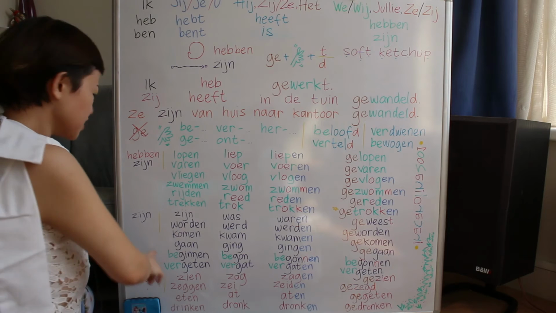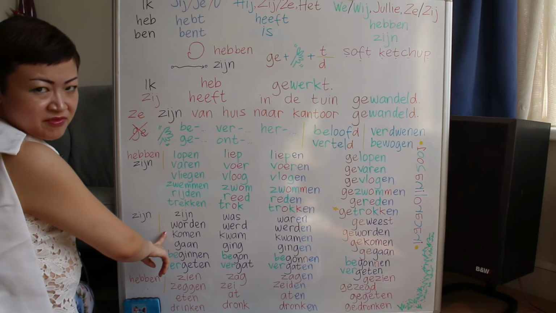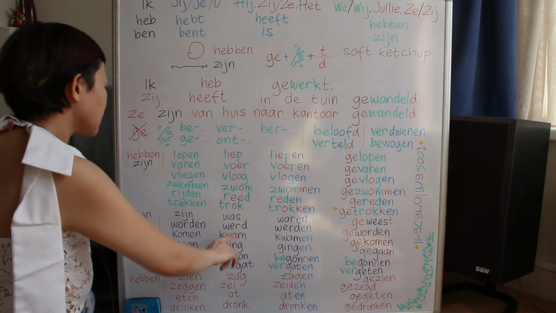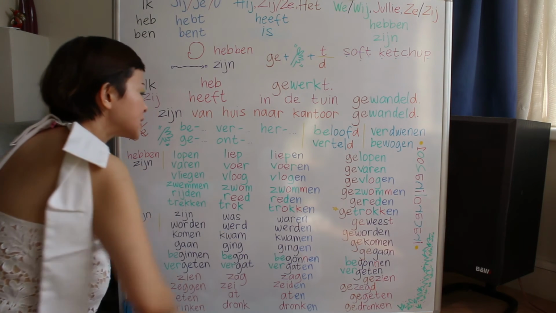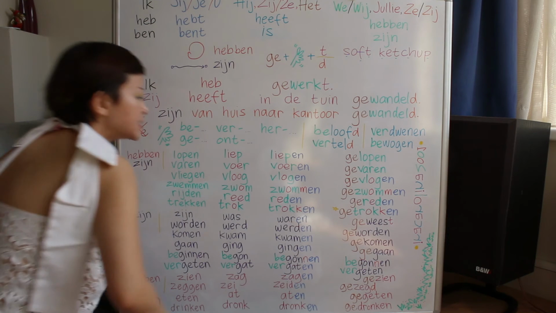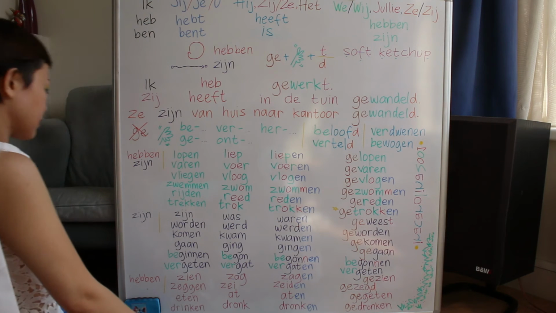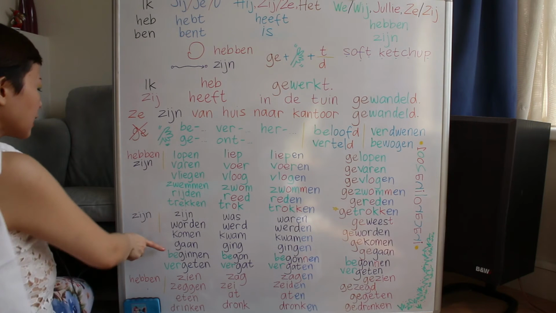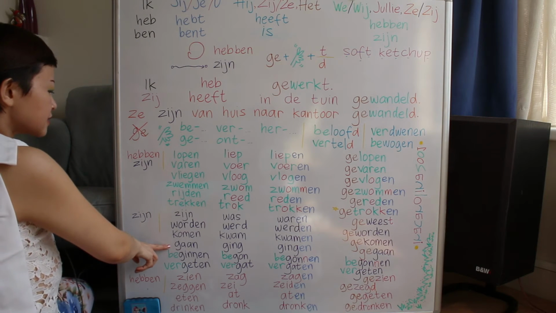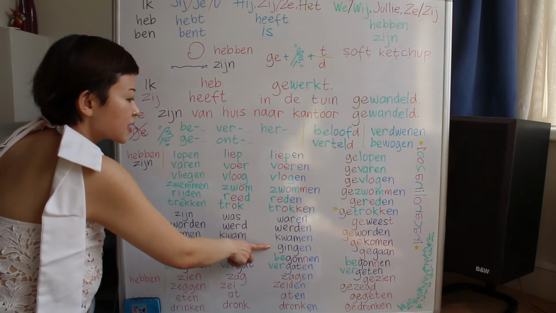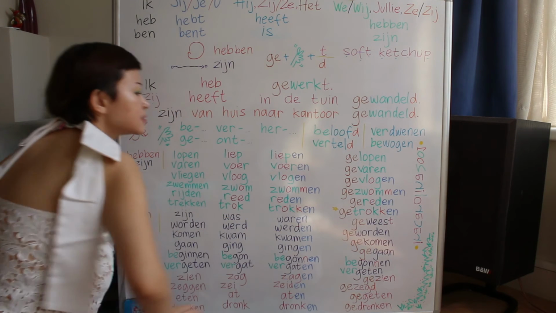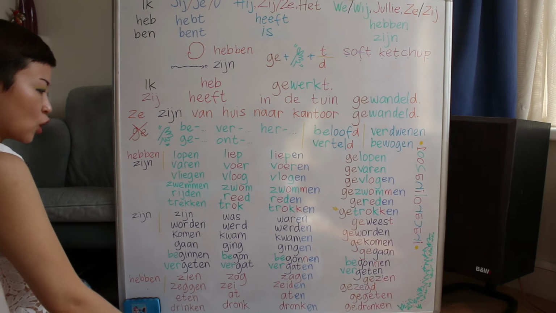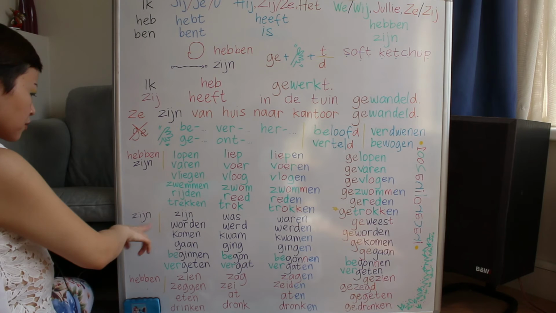Komen, kwam, kwamen, gekomen, came. Always with zijn, this one. Gaan, ging, gingen, gegaan, gone, because this is go and gone, always with this.